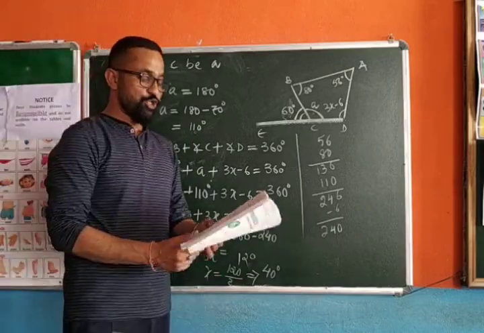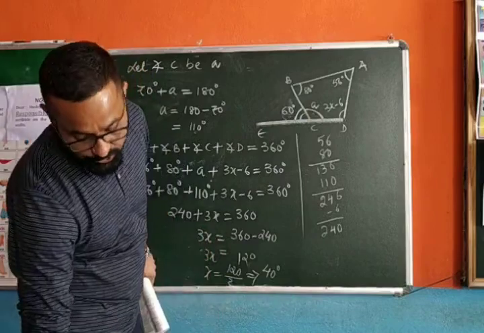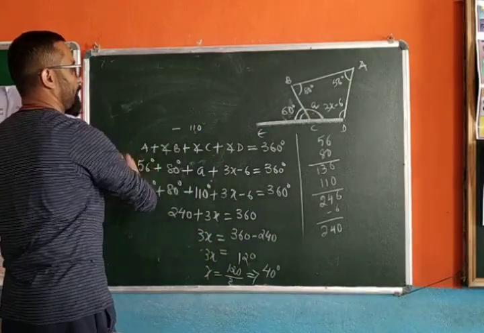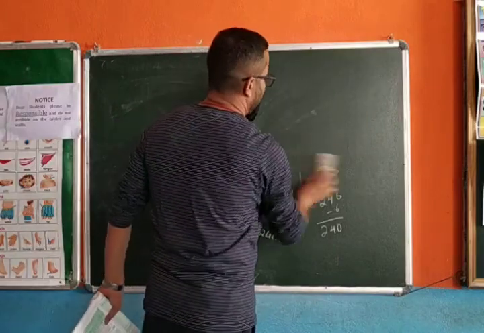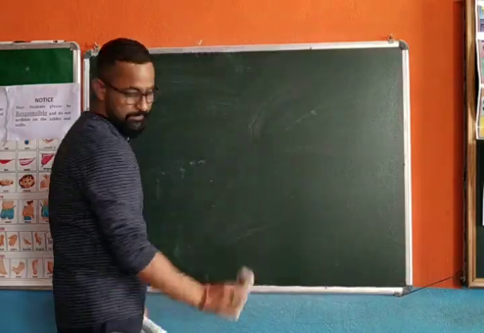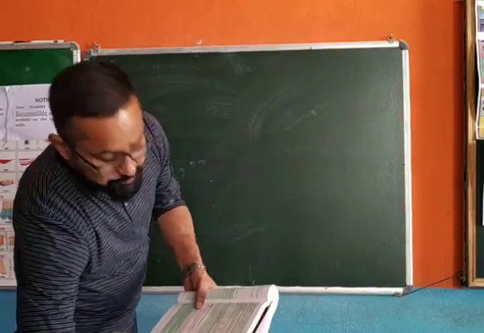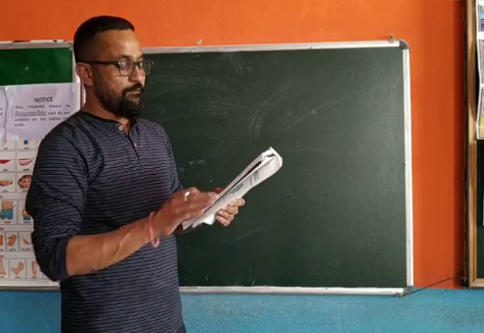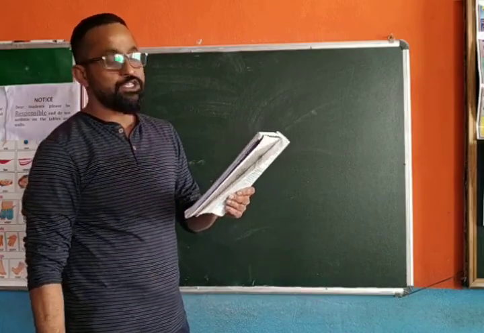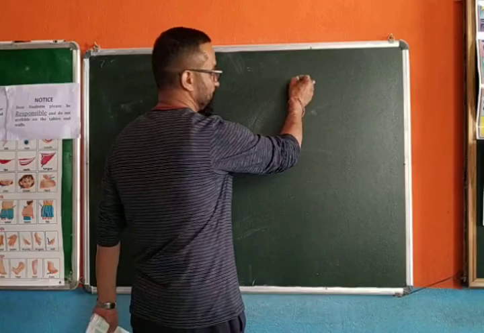The last question from quadrilaterals. It is based on trapezium. In the following figure, quadrilateral ABCD, AB is parallel to DC. Angles are in the ratio. Calculate each angle of the quadrilateral.